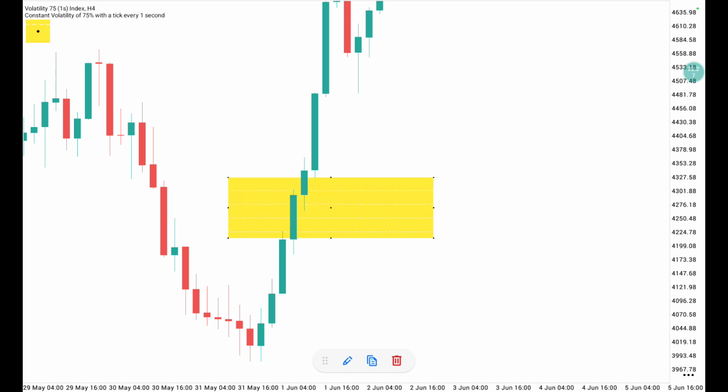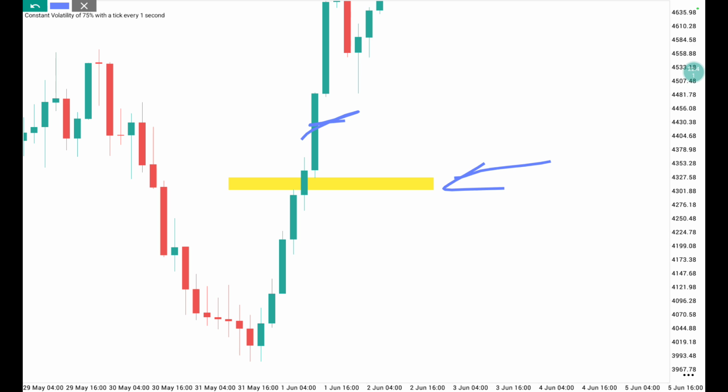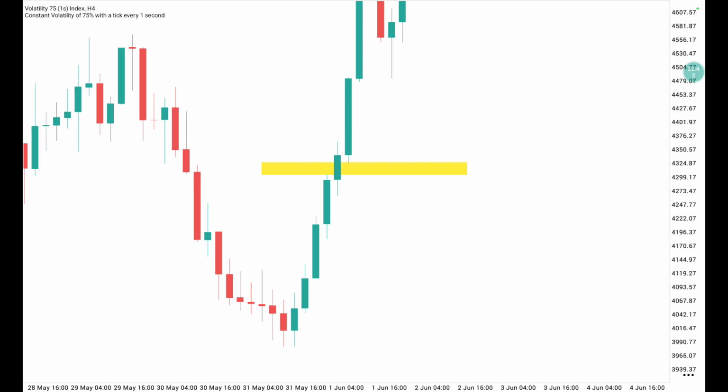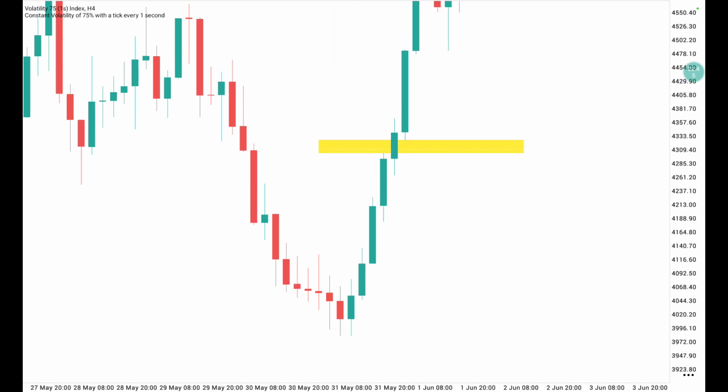So you mark this space as your fair value gap. Now, you can see that the one we identified here is bigger than this one. So not all of them are going to be the same.